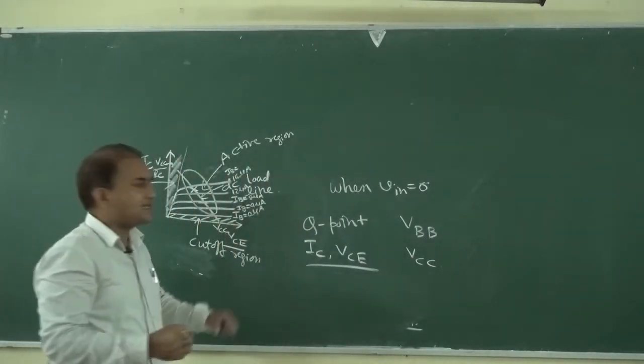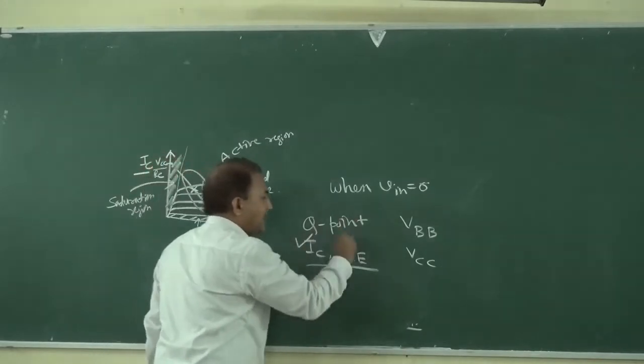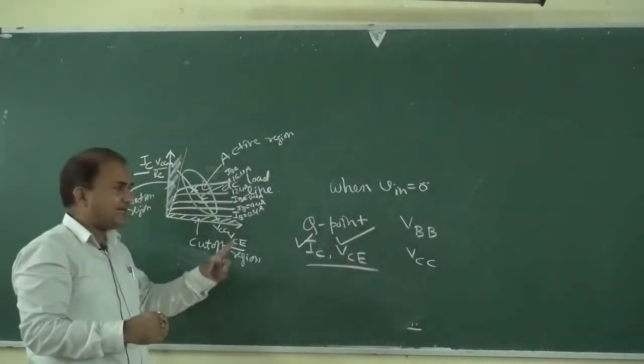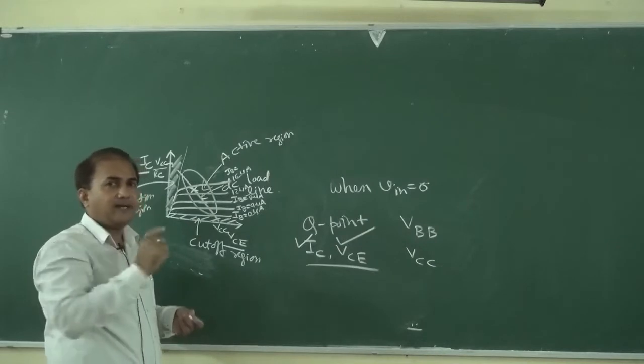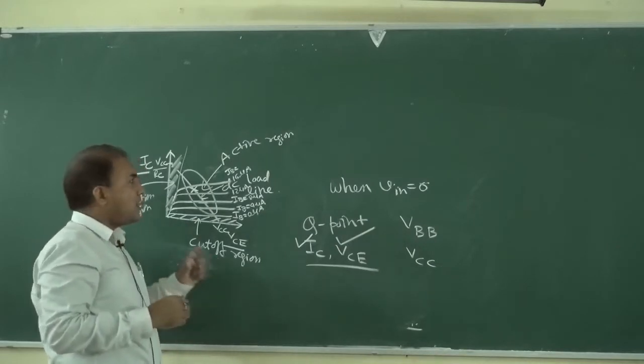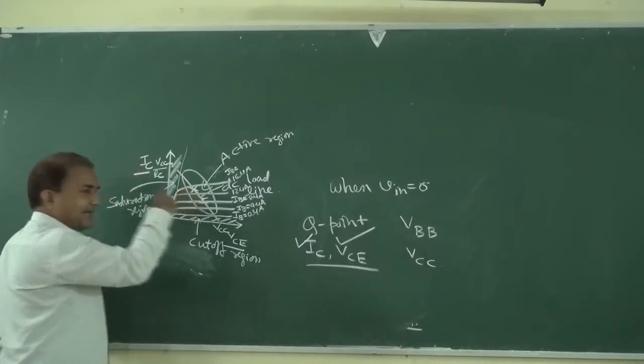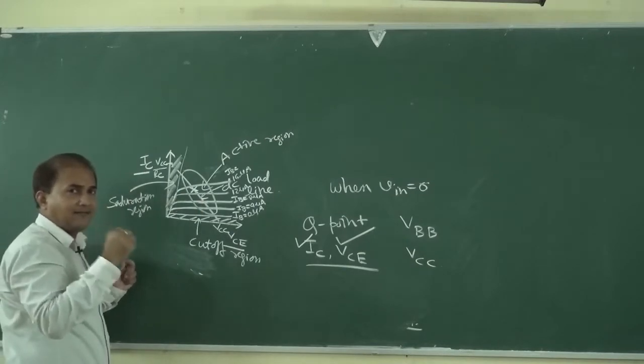In that case, the value of IC and VCE determines the operating point. The operating point should lie in the middle of the active region.